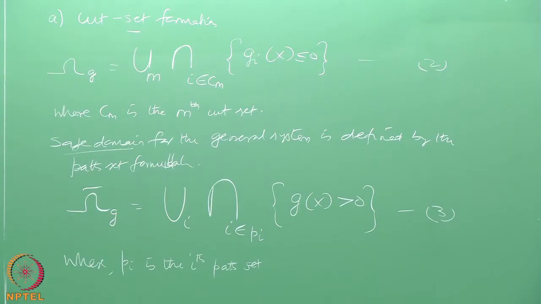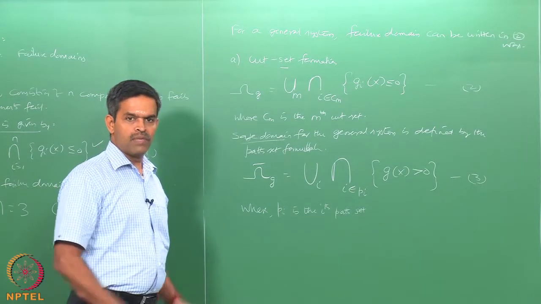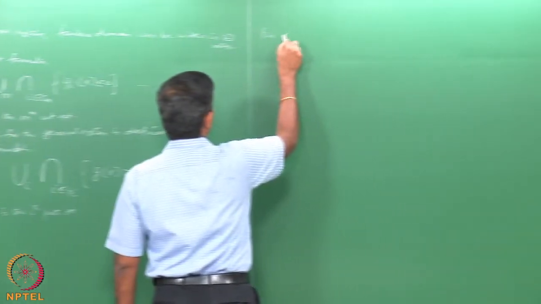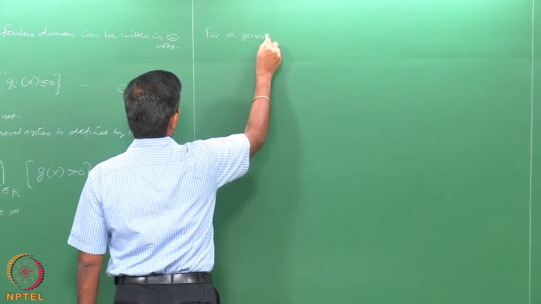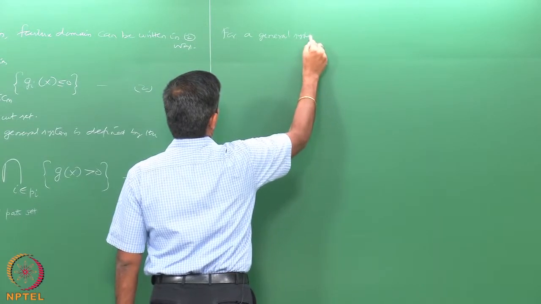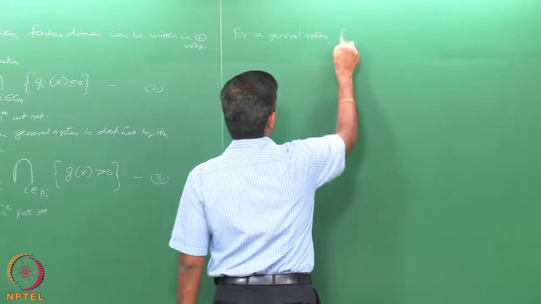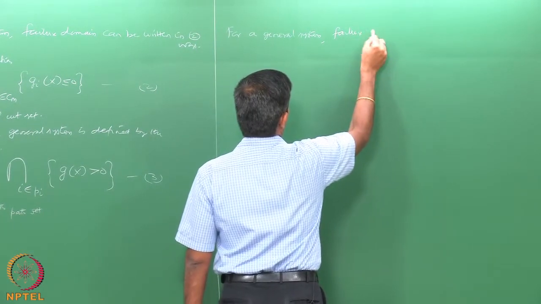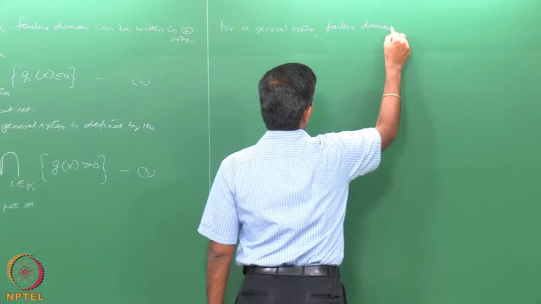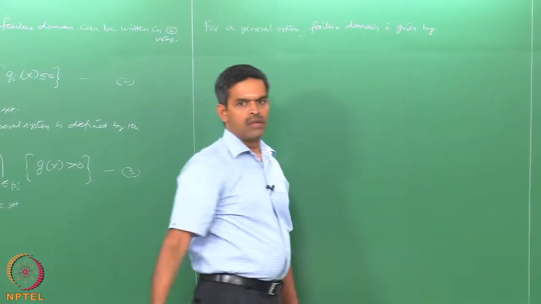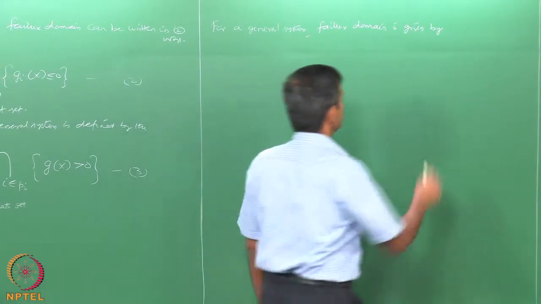Now, let us try to understand this argument with minimum cut sets. For a general system, the failure domain is given by the union of minimum cut sets.